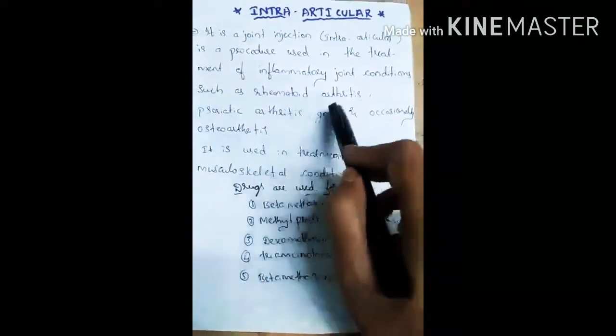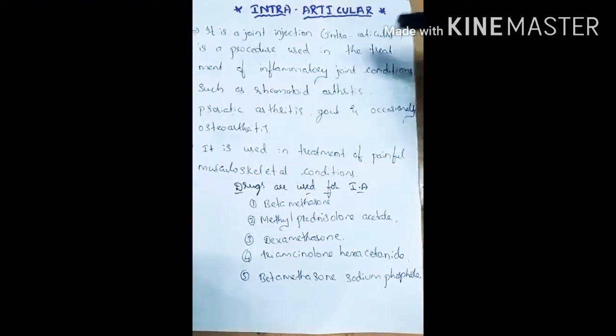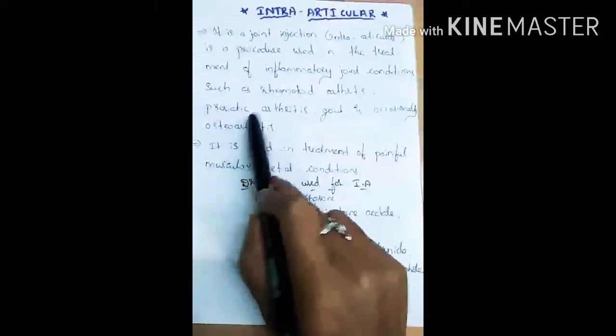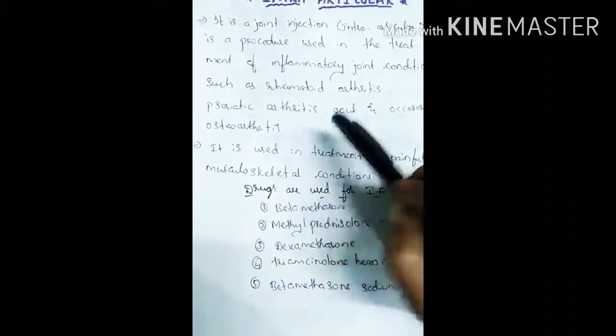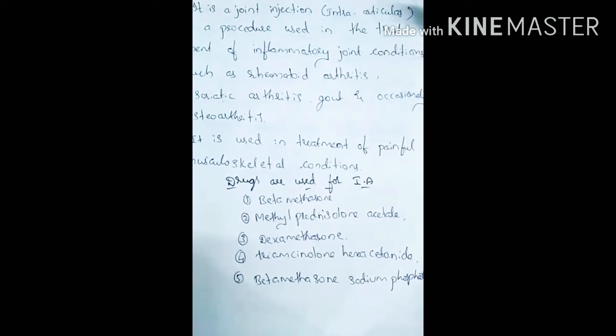Rheumatoid arthritis is a chronic disease of the joint. Joint pain causes redness, pain and inflammation. Psoriatic arthritis occurs in patients who suffer from psoriasis. Gout means severe pain, redness and tenderness in the joints.